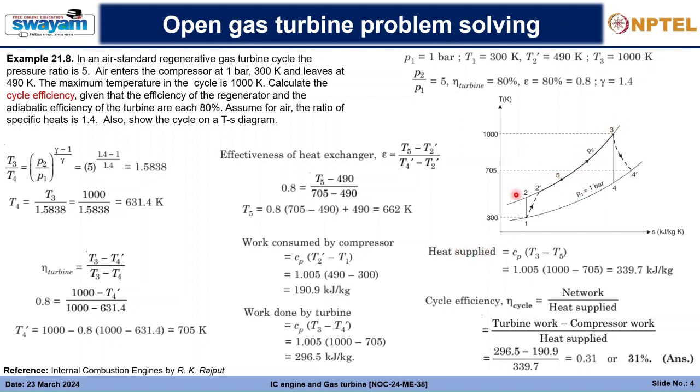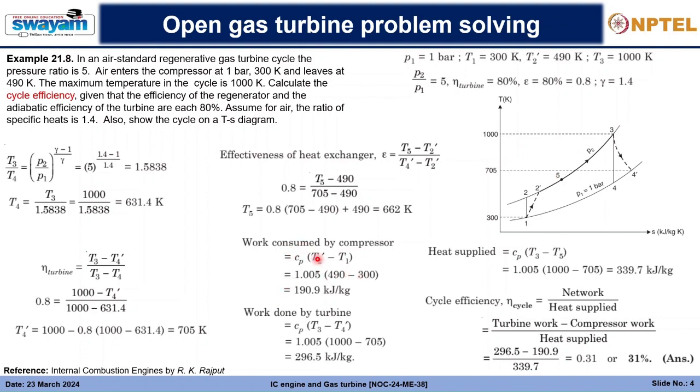That is correct because it is in the same pressure line. What about this? There's a change in the pressure. Still, we are using Cp. So the logic behind this is that we assume that the Cp does not change too much. It is not very sensitive to the change in the pressure. So that's why we can assume a constant Cp even though the pressure is changing. So that's the basic thing.